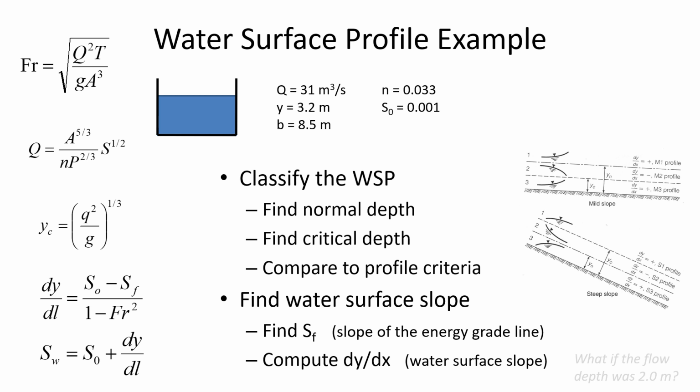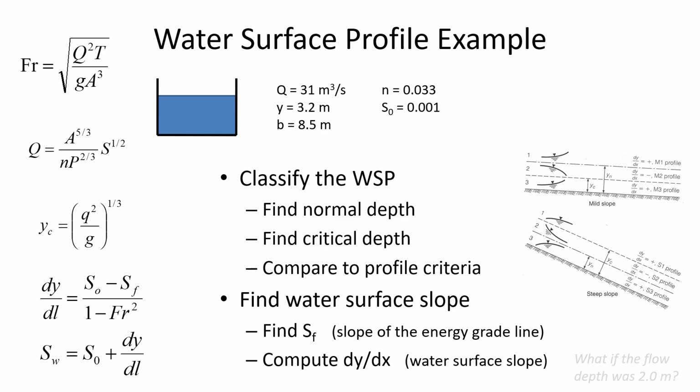So let's do this with a rectangular channel where we have 31 cubic meters per second going through the channel, which is 8.5 meters wide. So B, 8.5 meters wide. So from that, we're going to be able to calculate the critical depth pretty easily using the flow per unit width approach. For the normal depth, we will have to solve the full version of the Manning's equation, because this channel is not wide.